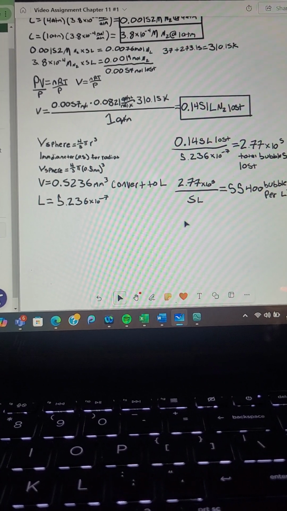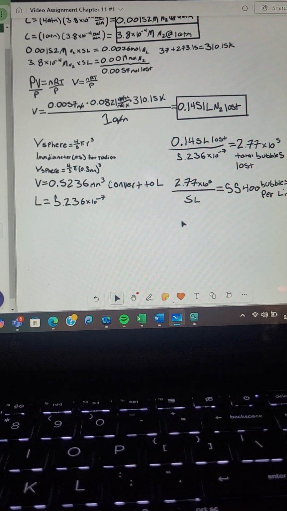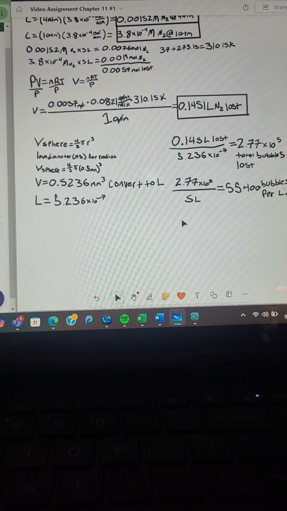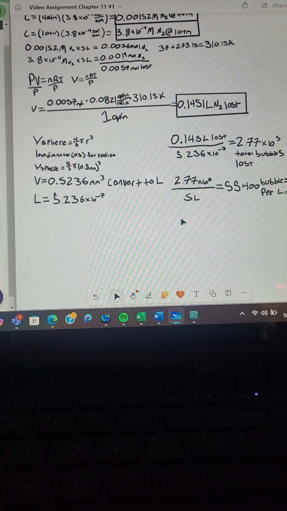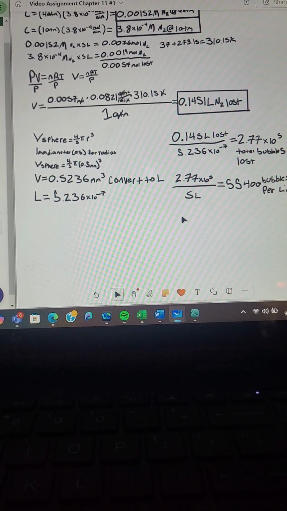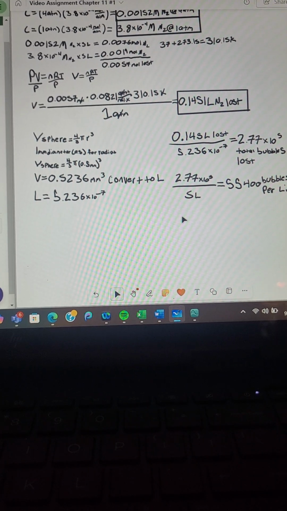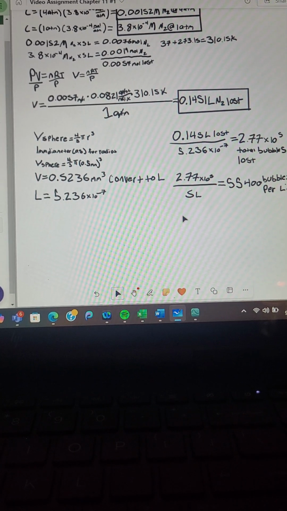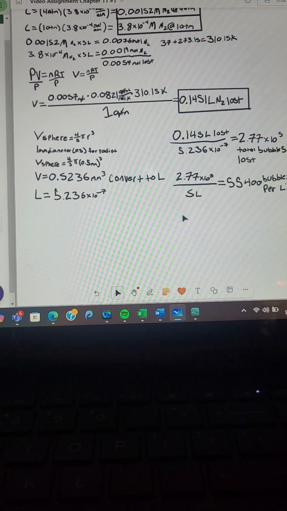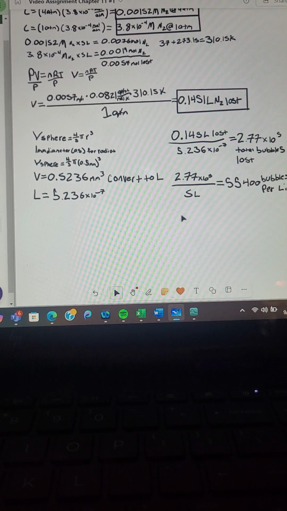Then we plug that in, which gets us a volume of 0.5236 millimeters cubed. Now, in order to convert that to liters, you multiply it by 1,000 because there are 1,000 millimeters in a meter, and then there are 1,000 liters in 1 meter cubed. That gets us to 5.236 times 10 to the negative 7 liters.